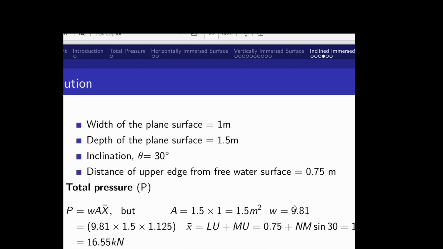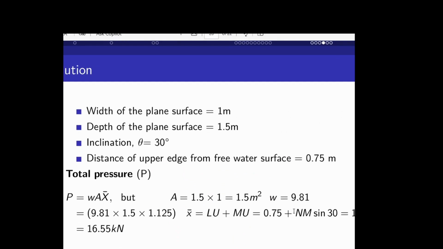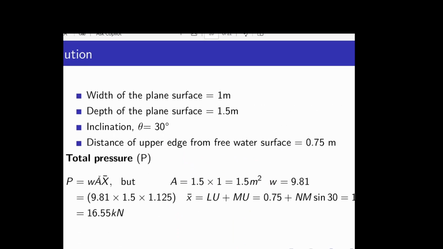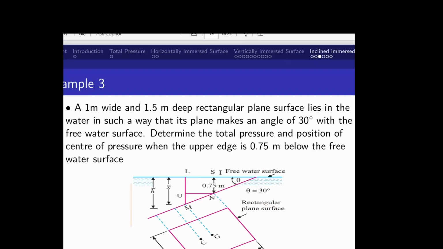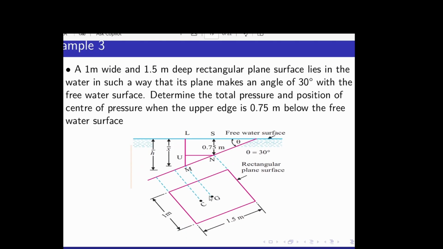That much we know. So here the area can be found of a rectangle. The specific weight of water, we know it is equal to the gravitational constant. But the challenge is the distance from the center here to the surface.